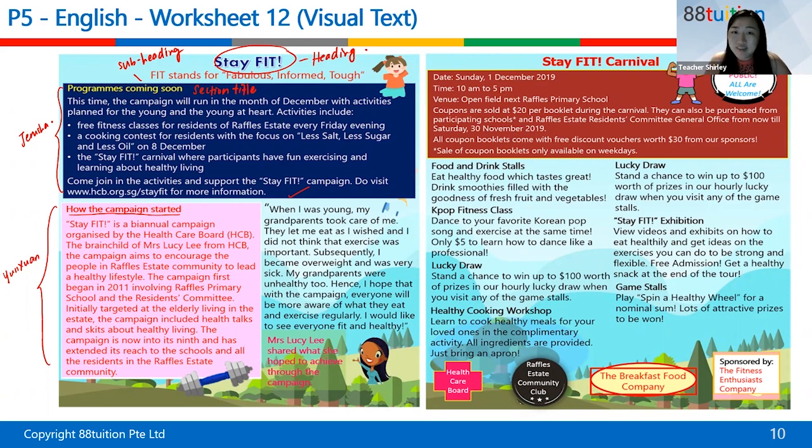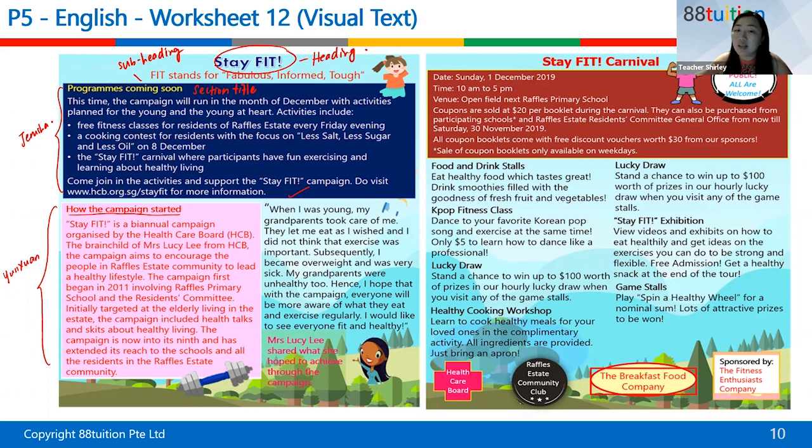Yeah. Okay, yeah, because I think it was a little bit of a connection error. We couldn't hear the last sentence. But it's okay. I think I'll just continue with that. The campaign is now into its ninth and has extended its reach to the schools and all the residents in the Raffles Estate community. Okay, so that's how the campaign started.